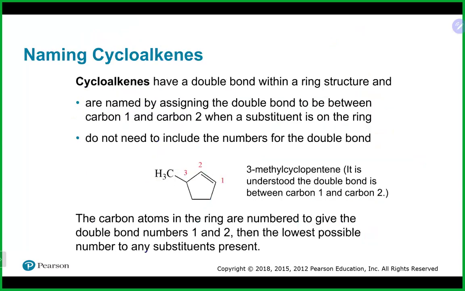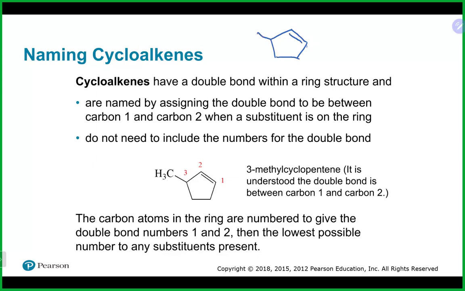All right, so let's talk about cycloalkenes, which are basically our ring structures, or cycloalkanes, that have a double bond in them. If we take a look at the one that's on there, we'll just redraw it here. We're just going to put a line there.